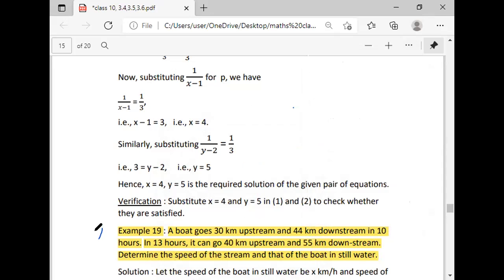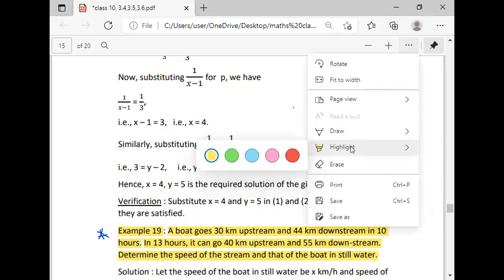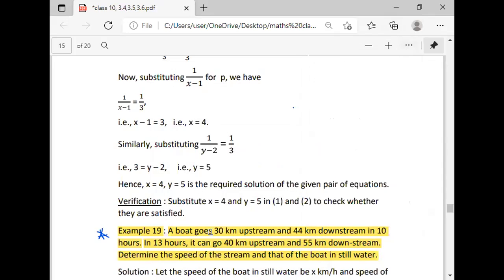This kind of question is important, so give it that importance. It says that in 10 hours, the boat goes 30 kilometer upstream and 44 kilometer downstream.